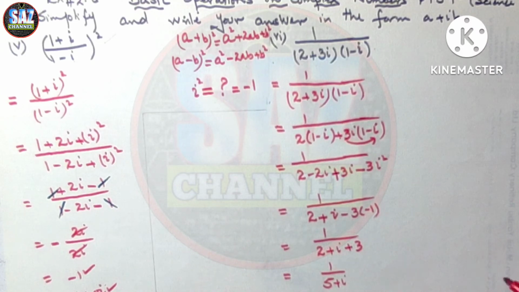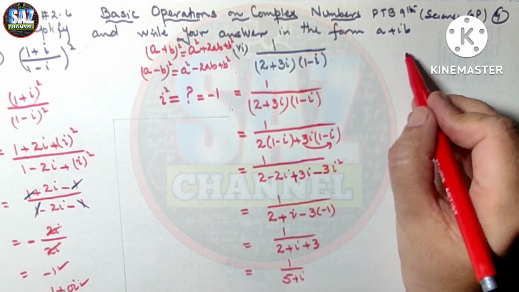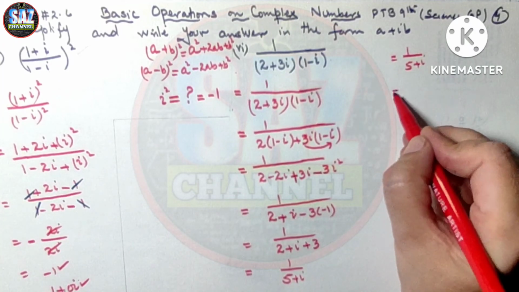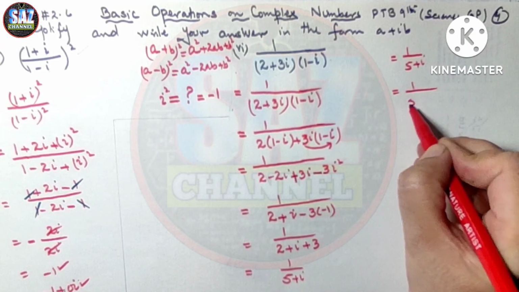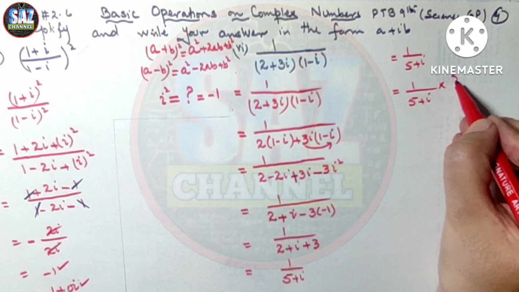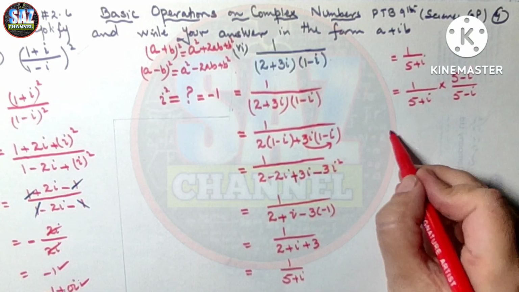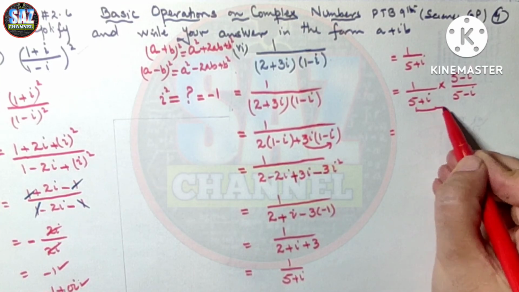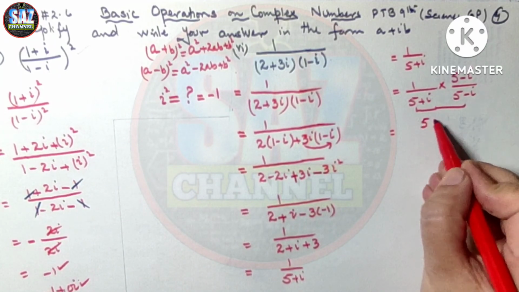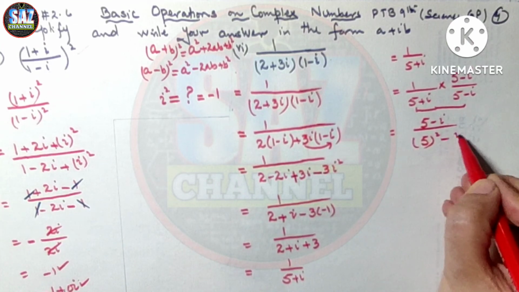Now we have 1 over 5 plus iota, and in order to simplify this I have to multiply and divide this fraction by the conjugate of the denominator, that is (5 - iota) upon (5 - iota). Again I apply the perfect square identity with difference: (5 - iota) upon 5 square minus iota square.